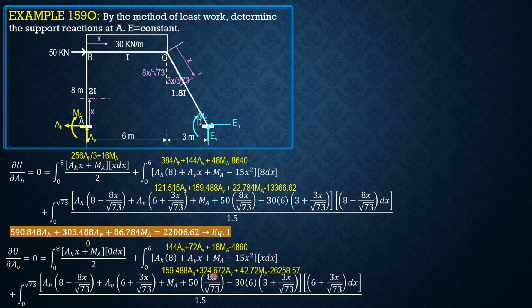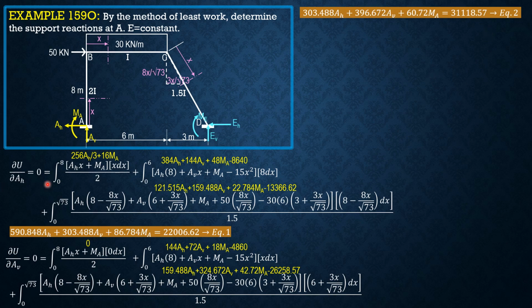Combining like terms and then setting up the second equation, we have 303.488 AH plus 396.672 AV plus 60.72 MA equals 31,118.57. Call that equation 2.